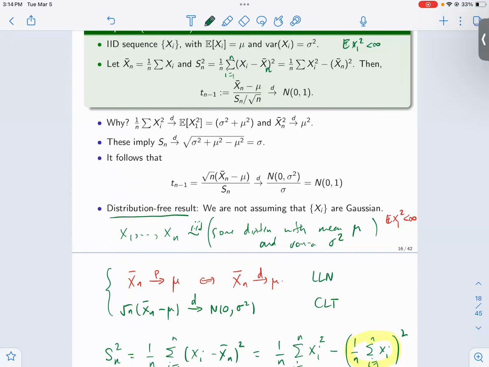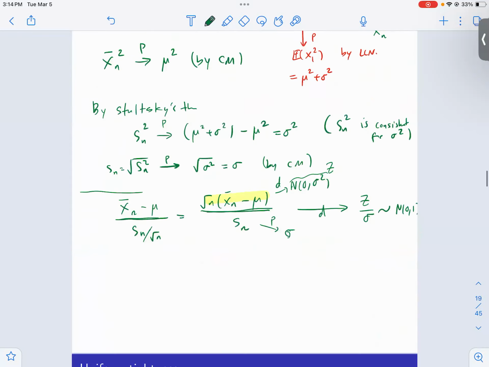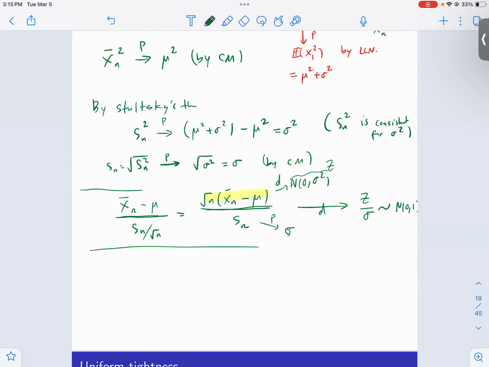So what is an application of this? Building a confidence interval, which we'll see, but let me do the example. What we know, for example, is that the probability that root n times the absolute value of Xn bar minus mu over Sn is less than or equal to 1.96 converges to the probability that a normal 0, 1 is at most 1.96, which is roughly 0.95.